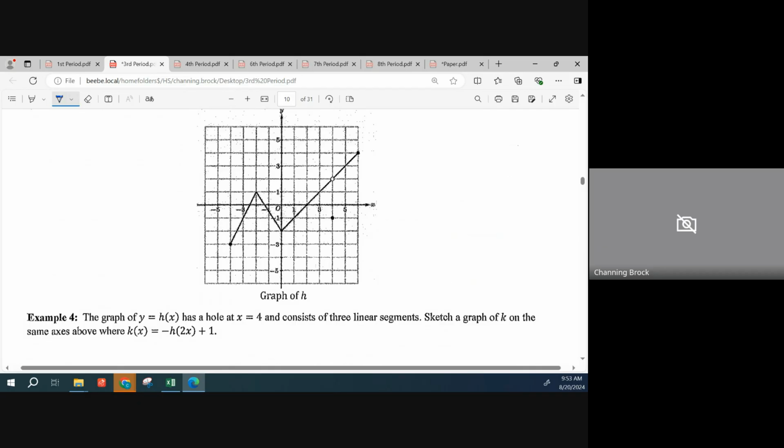And it consists of 3 linear segments. Sketch a graph of k on the same axis where k of x equals that. All right, so this one's a little bit more complicated, so I might want to write a function rule for this one. So let's do that. What's happening to the x values?